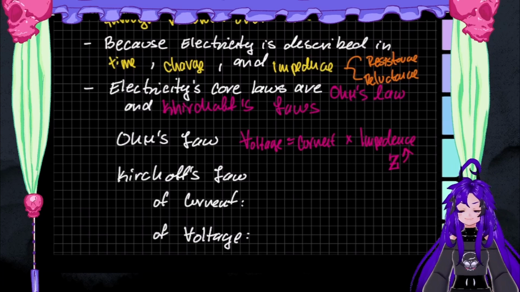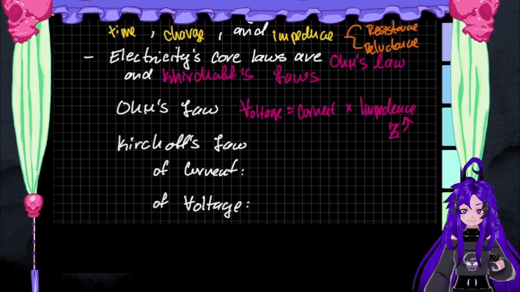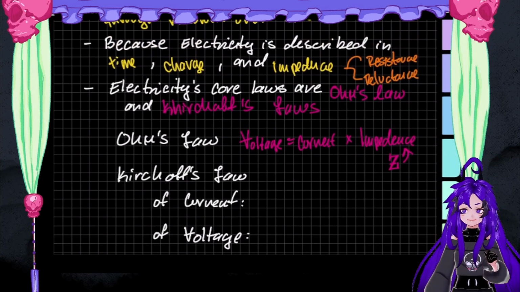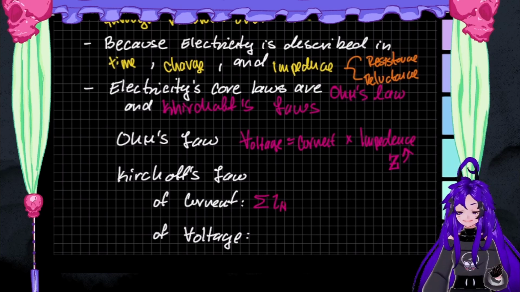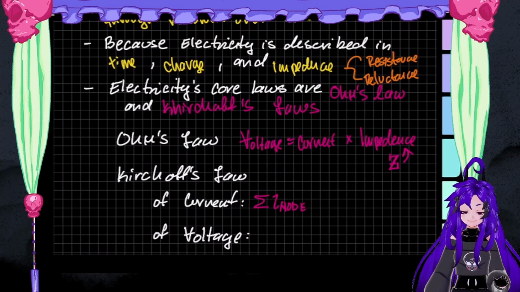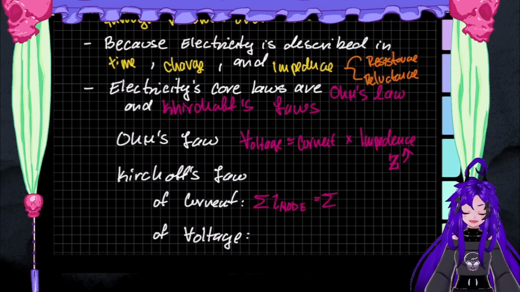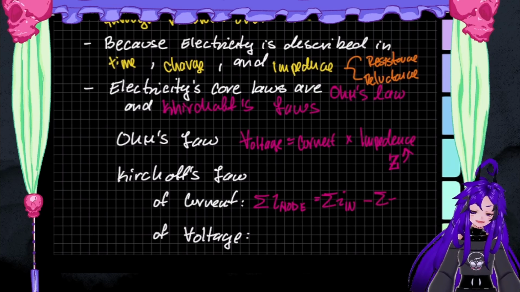So Kirchhoff's 2 laws were a little bit less straightforward. The current law says that the sum of currents through a node equals the sum of currents into that node minus the sum of currents out of that node, and those equal 0.